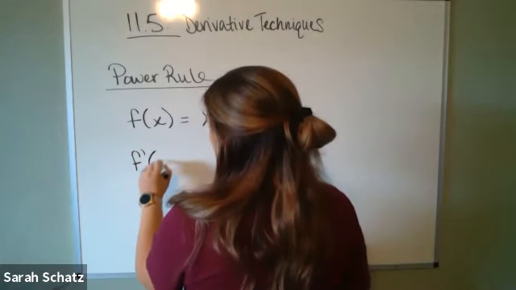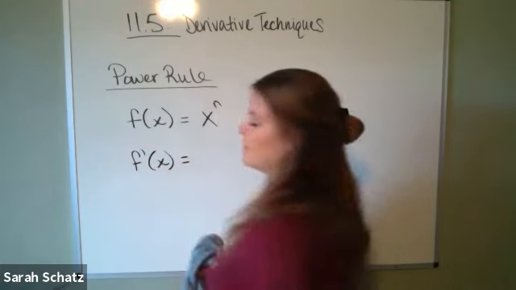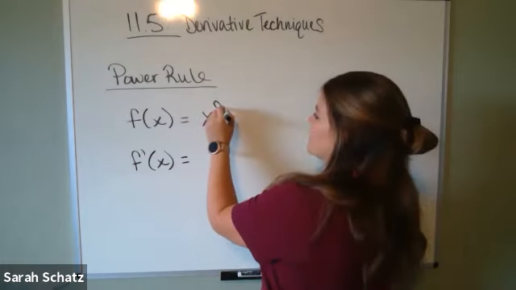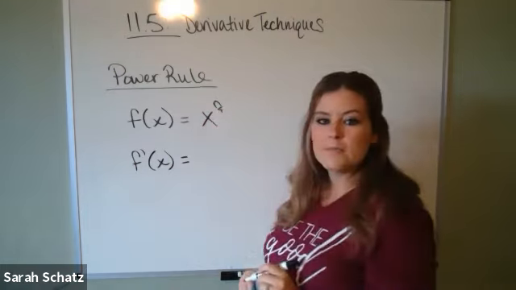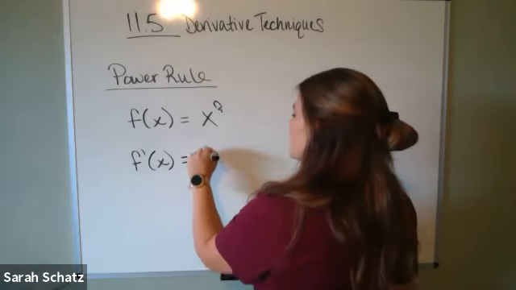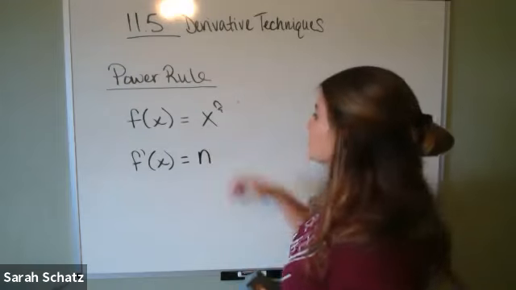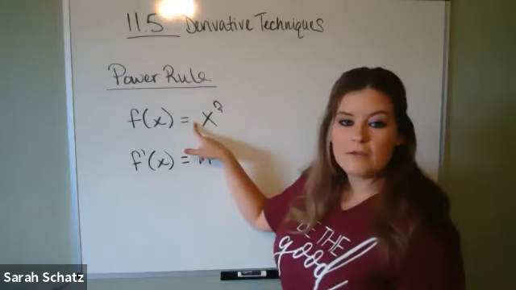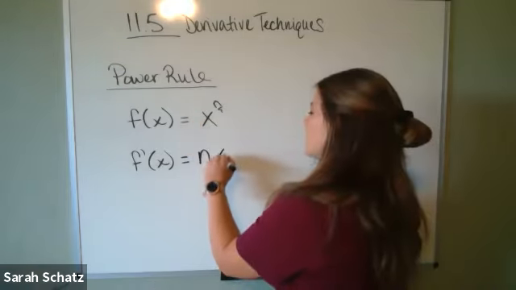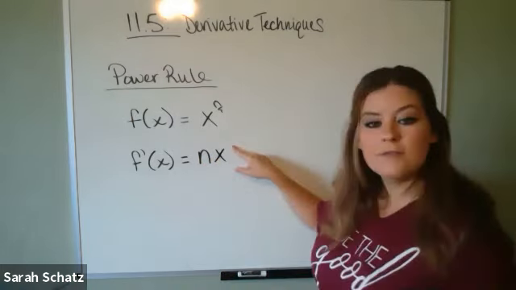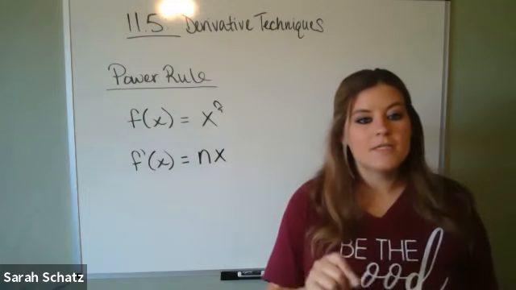What's going to happen when I take the derivative is two things. First thing that I'm going to see is whatever this power is up here, it's actually going to come out in front of my x term. So think about bringing the power down in front. So now I have n x. But there's still going to be a power here, but that power is going to change.